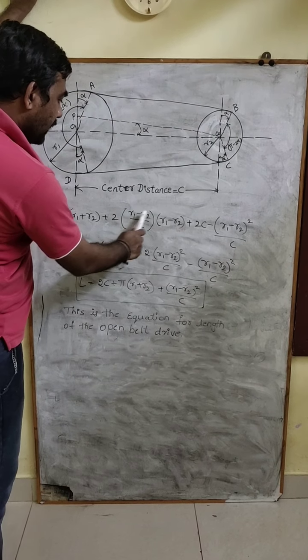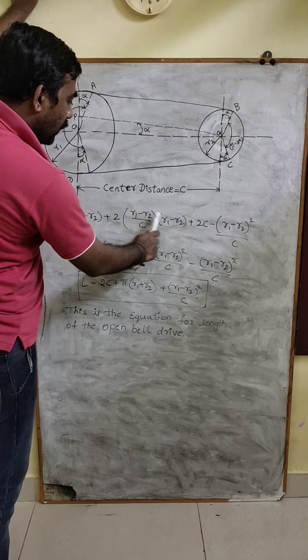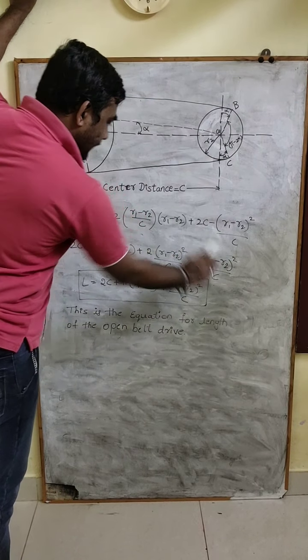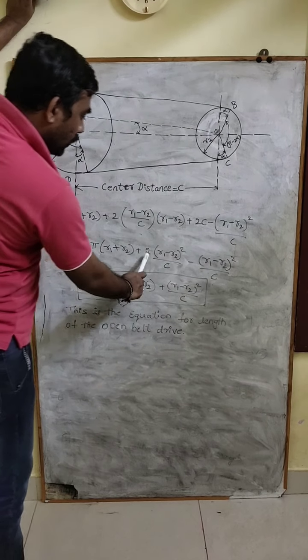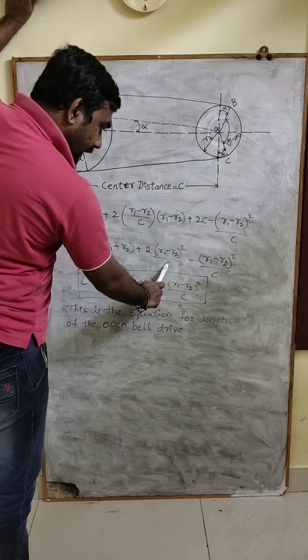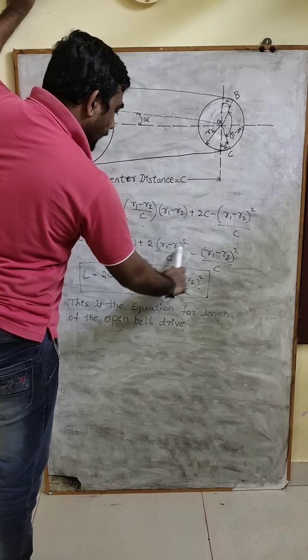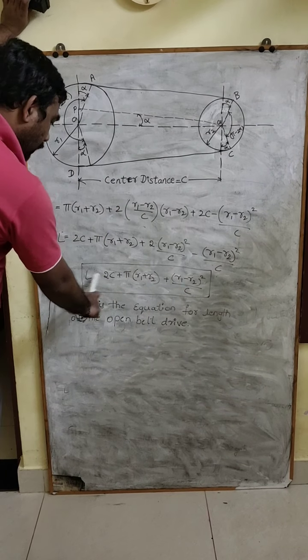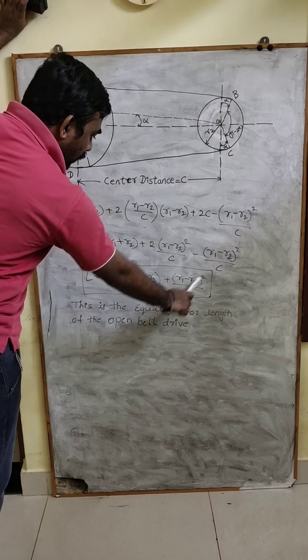Here (R1 minus R2) into (R1 minus R2) gives (R1 minus R2) whole square, and C as it is, so (R1 minus R2) square by C. So 2 times (R1 minus R2) square by C minus 1 times (R1 minus R2) square by C gives 1 times (R1 minus R2) square by C. So L equals 2C plus pi into (R1 plus R2) plus (R1 minus R2) square by C.